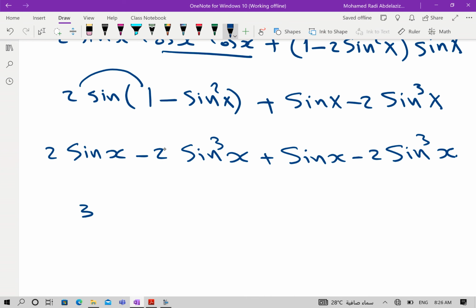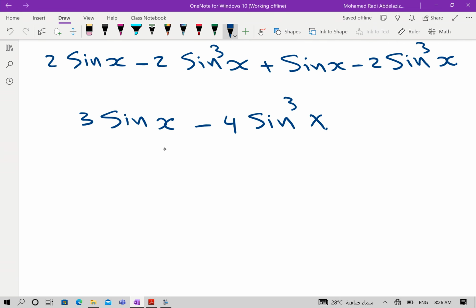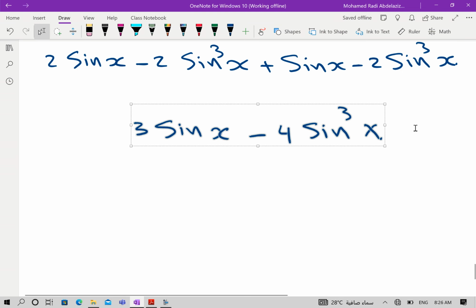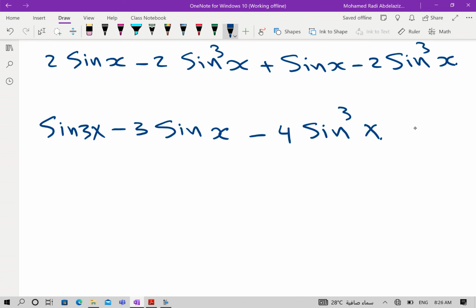Simplify: 3 sine x minus 4 sine cube x. This is what? Sine 3x. Sine 3x equals 3 sine x minus 4 sine cube x.